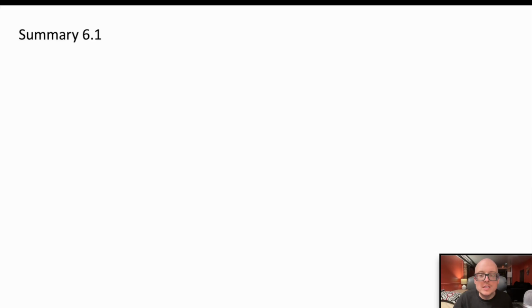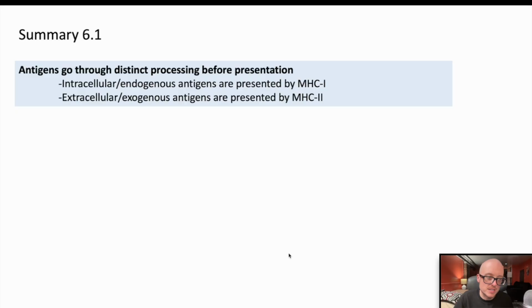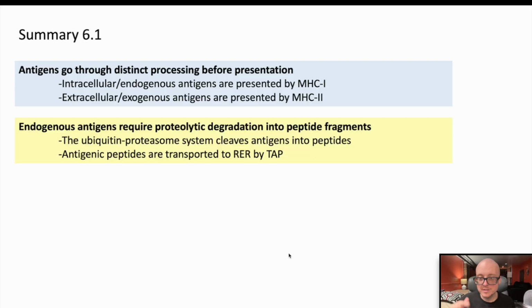Okay, so let's summarize this initial discussion of endogenous antigen presentation or processing. So we saw that there are distinct pathways that antigens can be processed through, and that generally intracellular, or what we might call endogenous antigens, are presented via MHC class 1, whereas extracellular or exogenous antigens are presented by MHC class 2, which will be the subject of our next video.